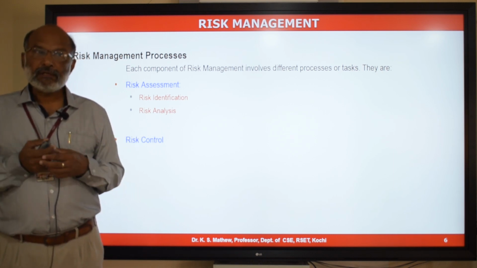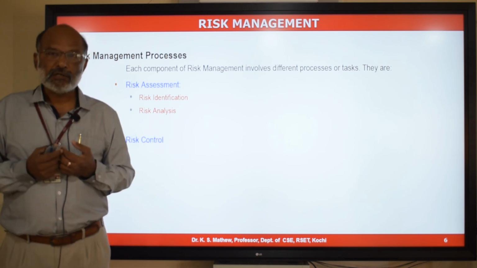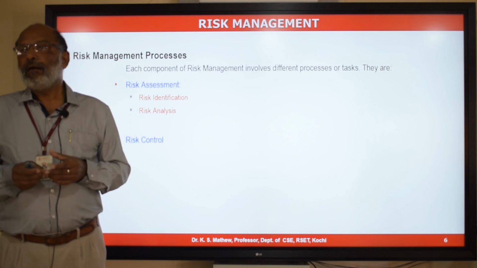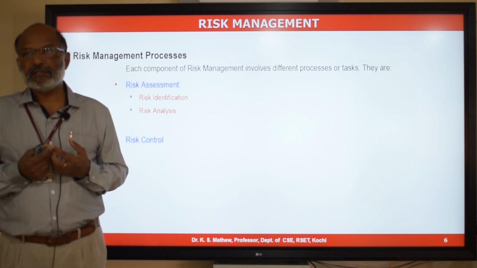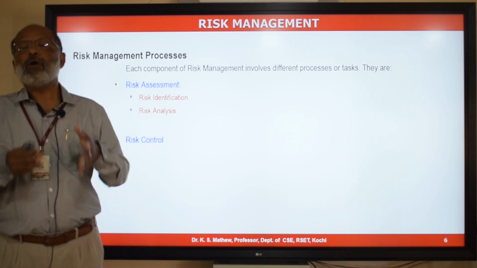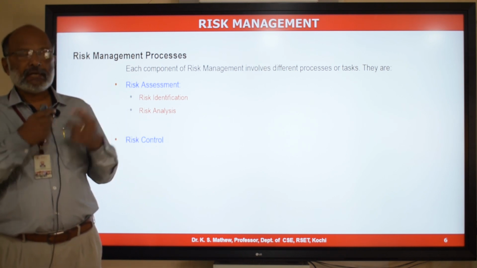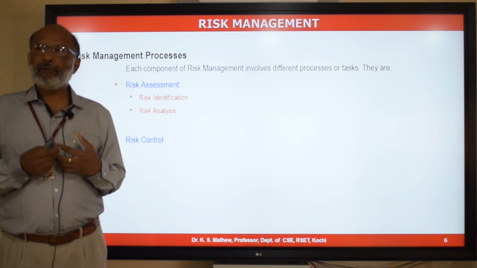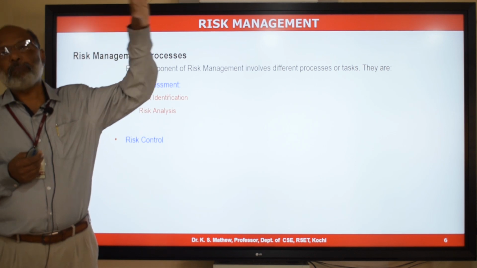Why we need to prioritize? Because as I said in the beginning, there could be hundreds of risks in a project. It is not practical, or we don't have enough time and resources, to address and manage all the 100 risks. So we need to prioritize the risk in terms of the negative impact that risk is going to have in your project and address only the top priority risk.